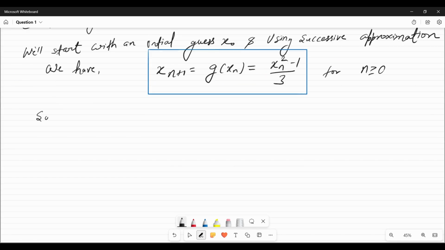So now we'll make an iterative table, and we'll continue till the answer is correct up to 3 decimal places.